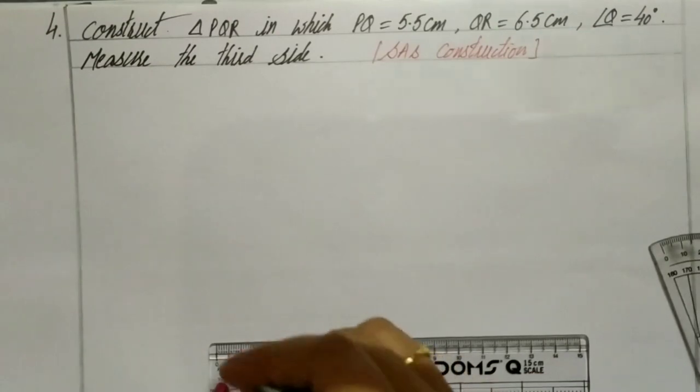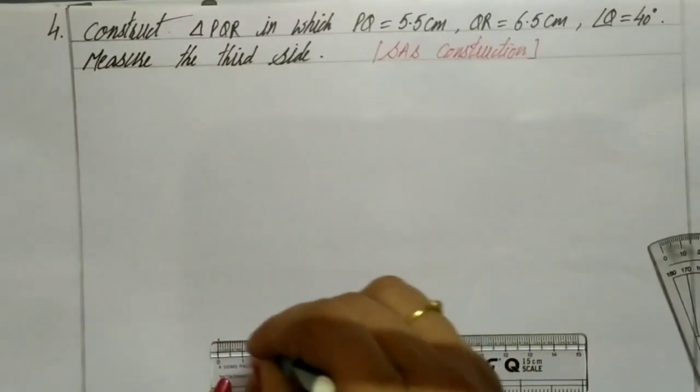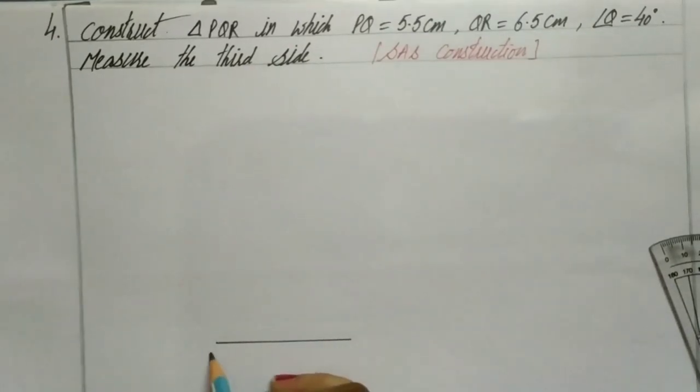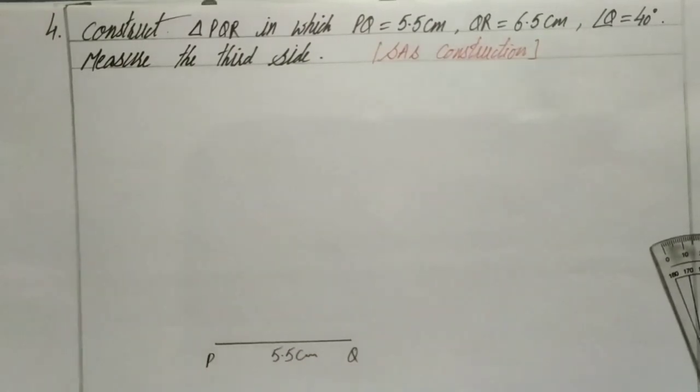5.5 centimeter. Method will remain the same, no change. Just label it as PQ, then write the measurement 5.5 centimeter over here.